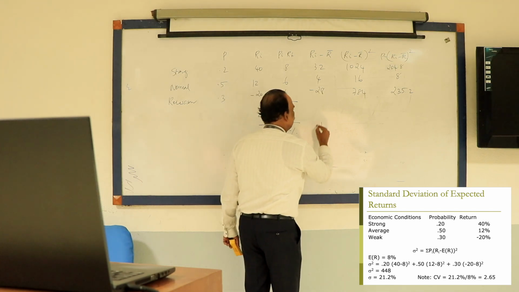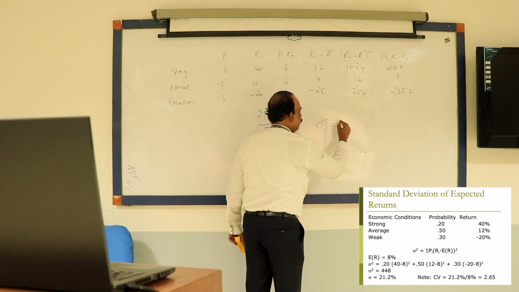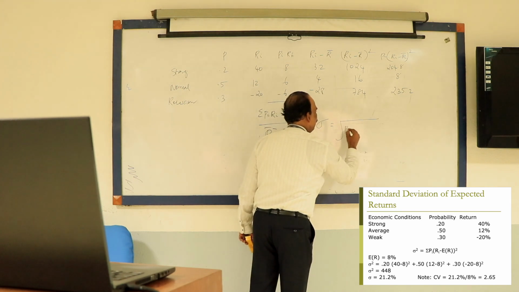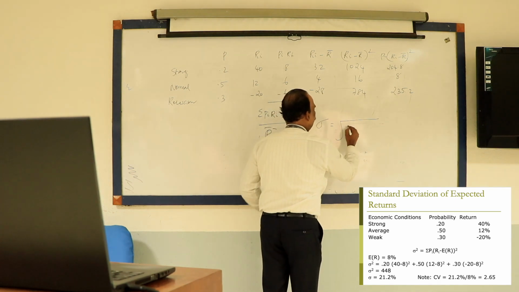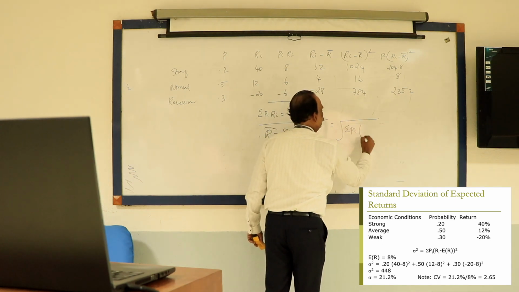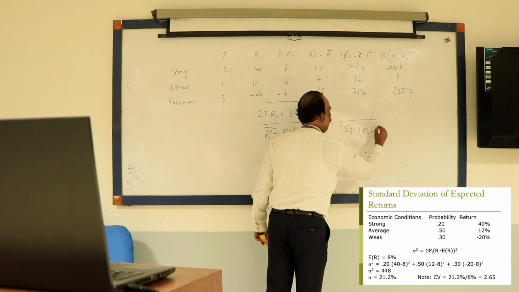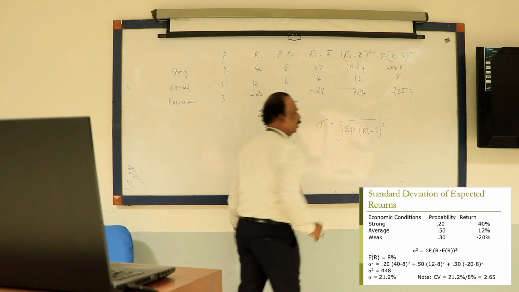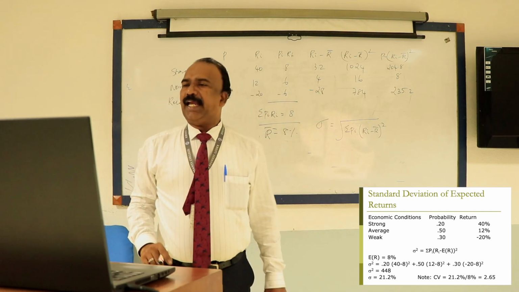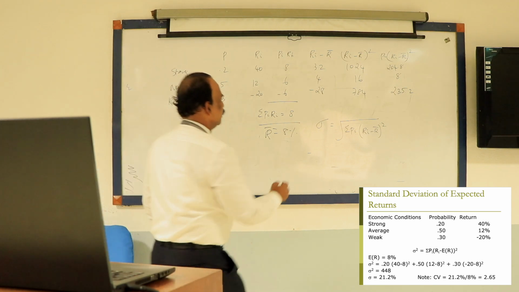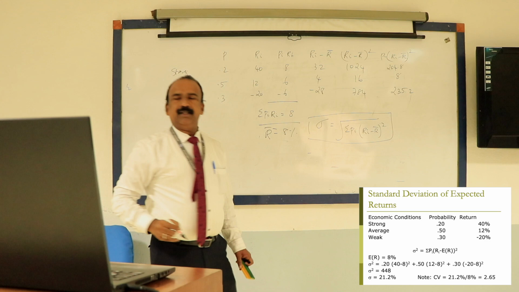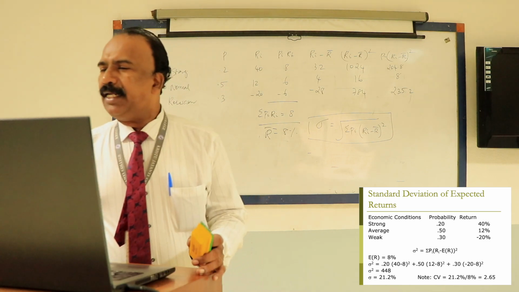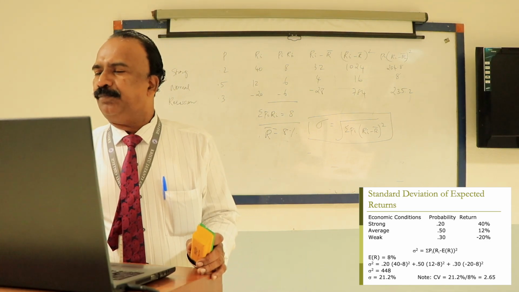When the expected return is given, standard deviation is equal to the root of sigma pi into Ri minus R bar whole square. That's all. There is no divide by n minus 1. We have calculated pi into Ri minus R bar whole square.